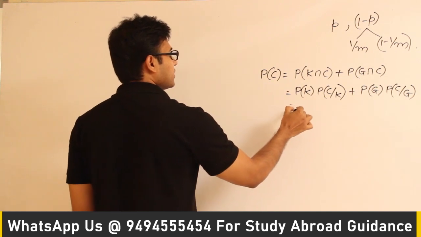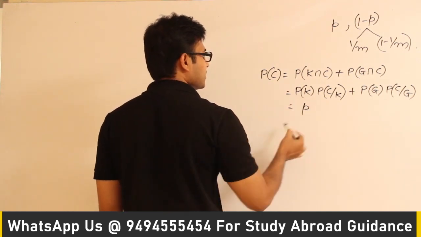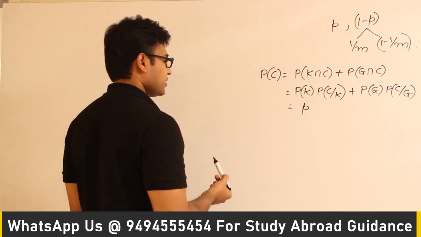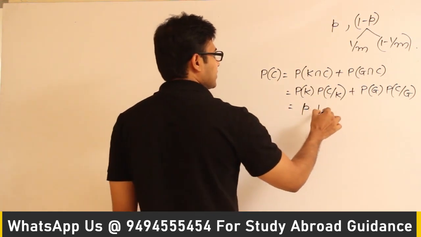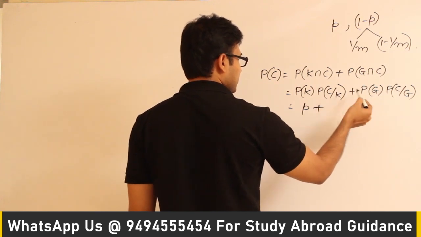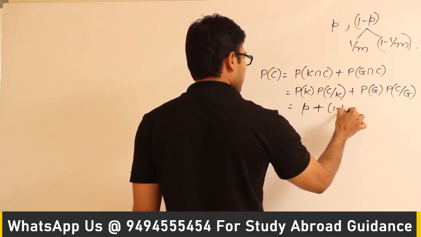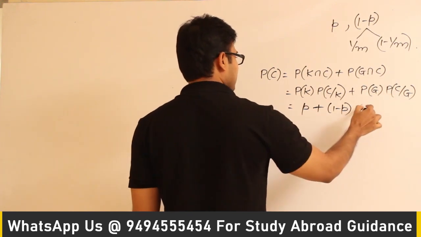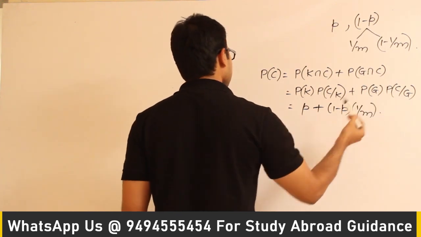And we know that it is nothing but p, she knows the answer, and once she knows it, with 100% certainty it will be correct. In case she guesses, with 1 minus p, then the probability that it is correct is 1 by m.